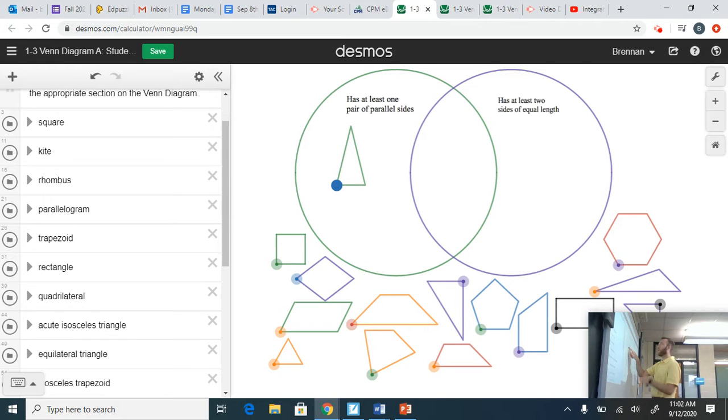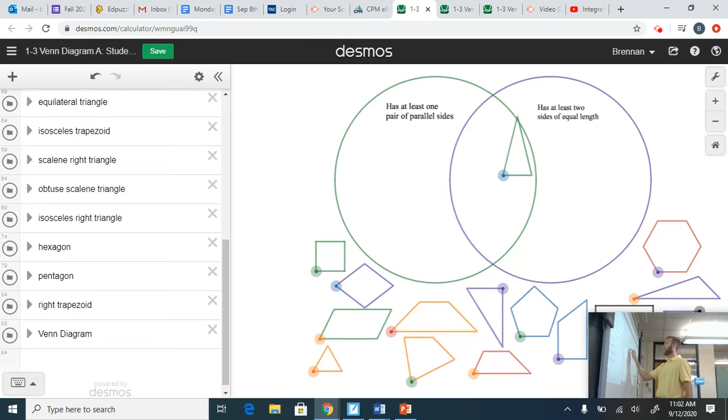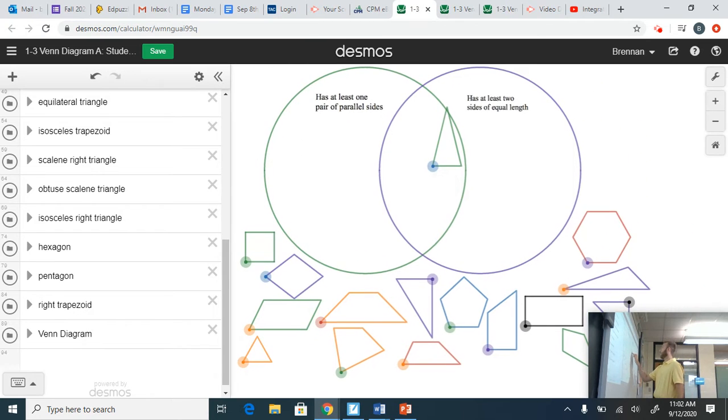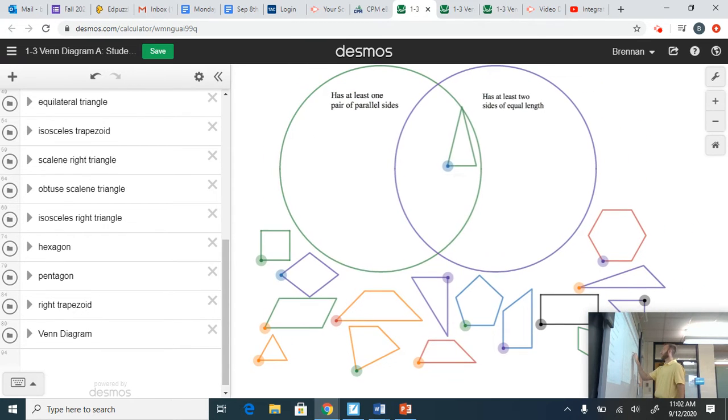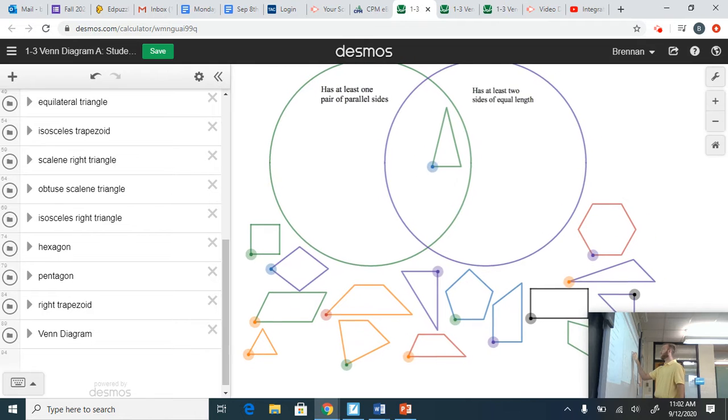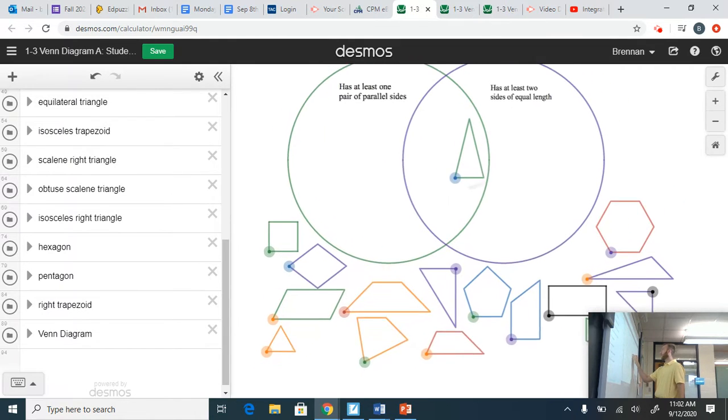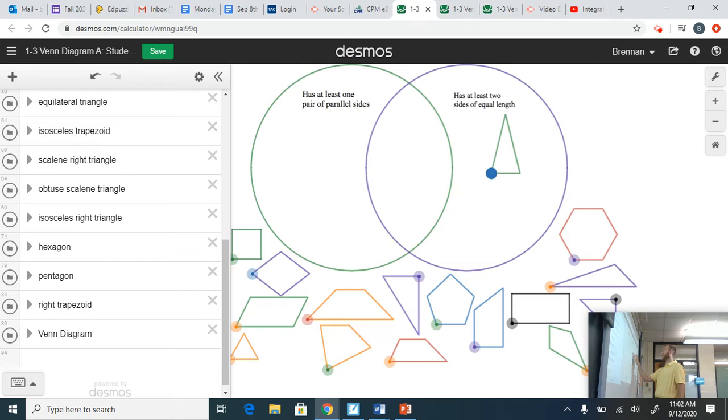So now this whole circle is ruled out, and I'm going to go over to this one. Does it have at least two sides of equal length? Yes, it does, right? We have the two top sides are equal length.